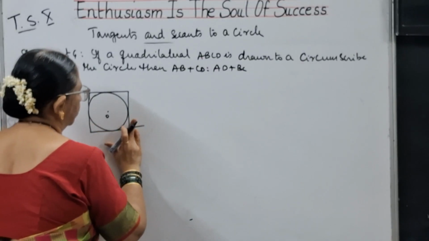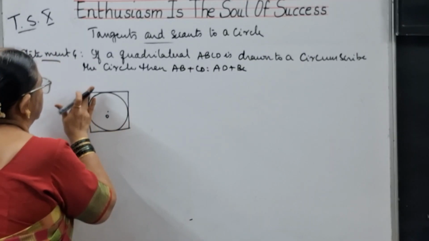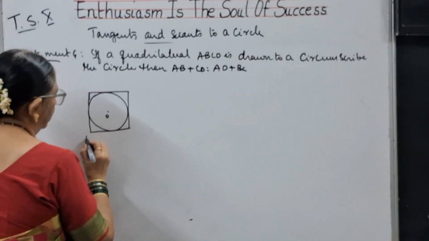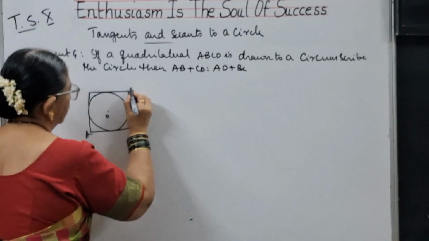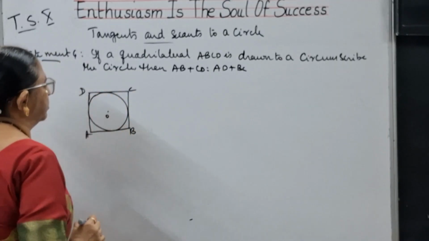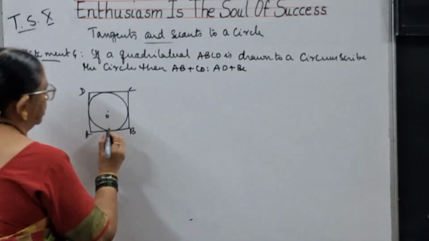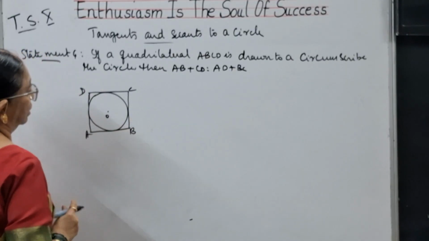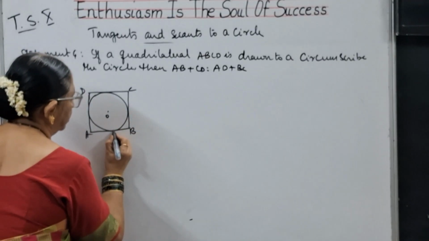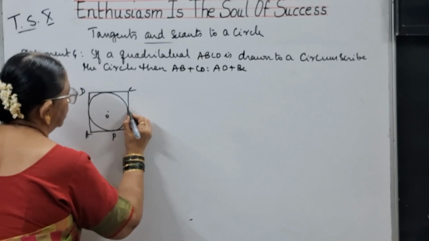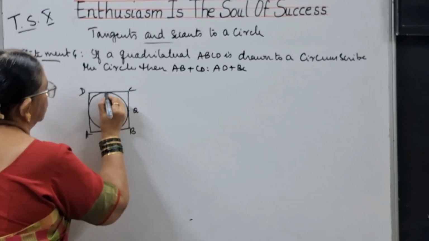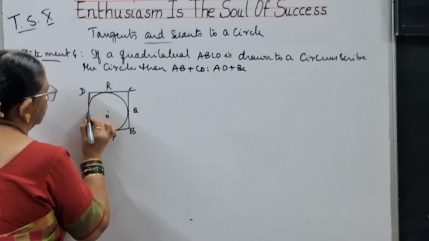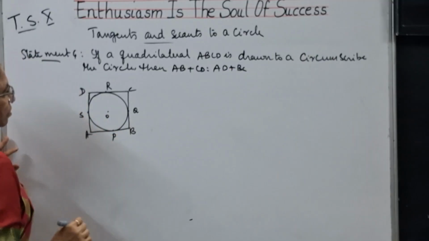So this is a quadrilateral ABCD. It is circumscribing the circle. That means it is touching it at points. Let me take this point as P, this point as Q, this point as R, this point as S.